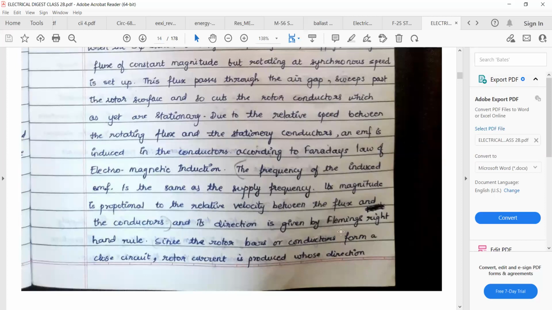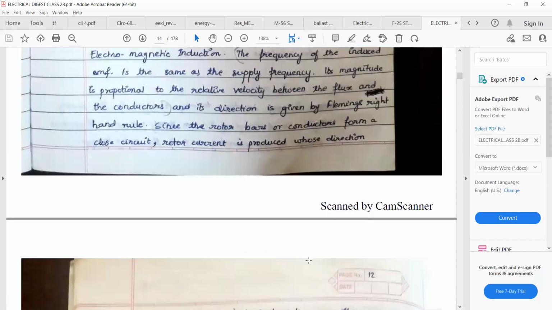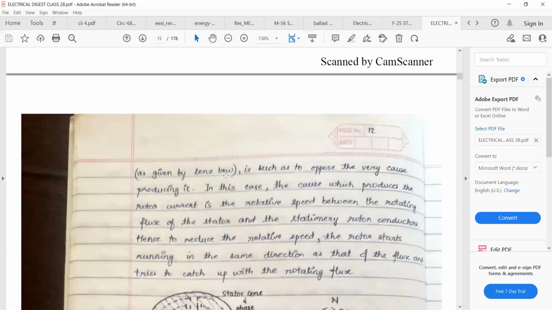Since the rotor bars or conductors form a closed circuit, rotor current is produced whose direction is given by Lenz's law. It is such that it will oppose the very cause of producing it.